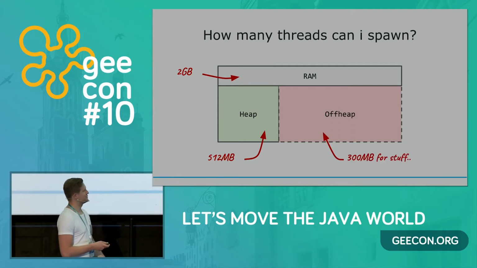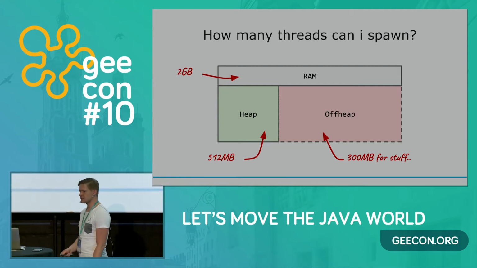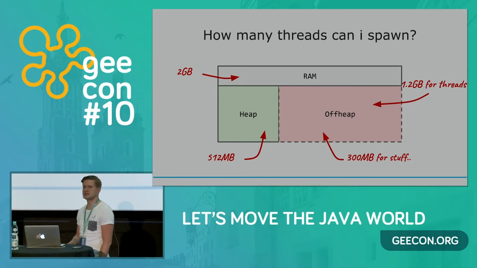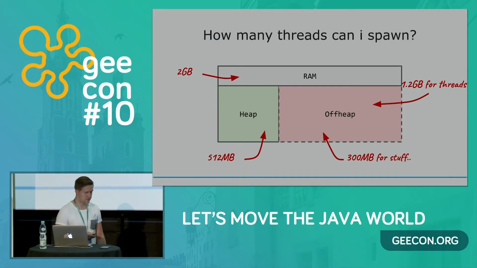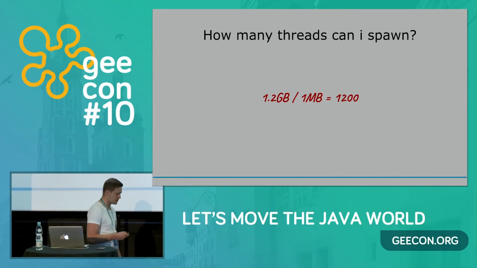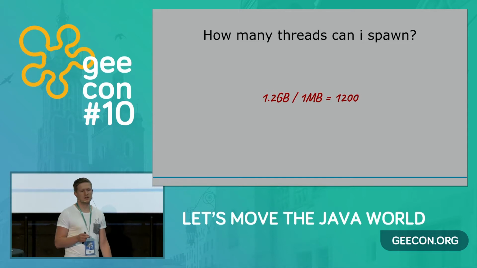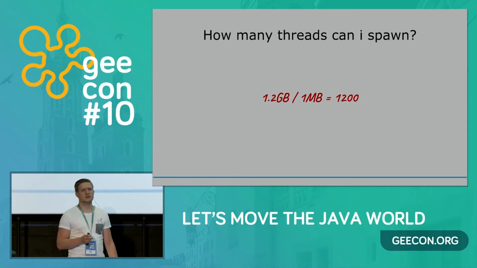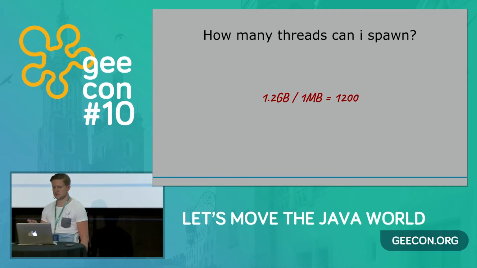And then let's say 300 megabytes for some other stuff, which would leave us with 1.2 gigabytes for thread stacks. So if I did my calculations properly, I should be able to spawn no more than 1,200 threads. Let's check it.